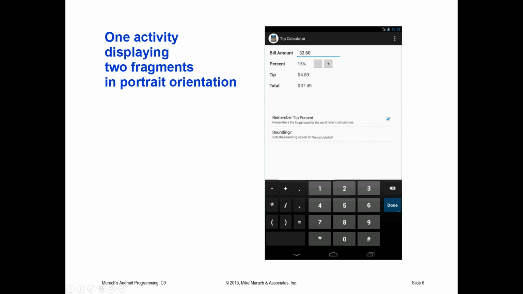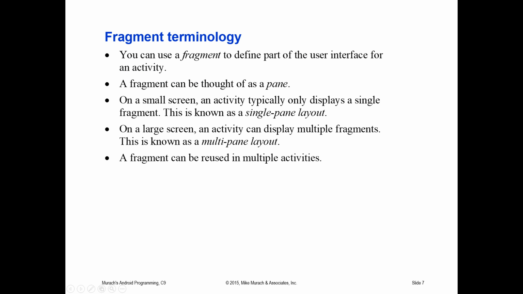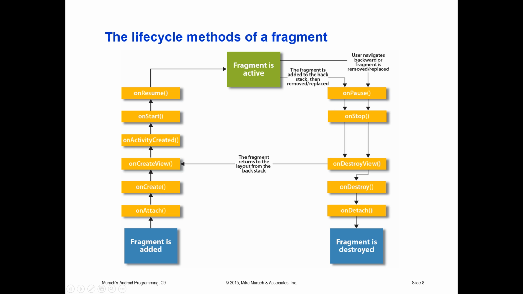So let's look at the life cycle of a fragment. First, you use a fragment to define part of a user interface. We already looked at that. So here is the life cycle of a fragment. The fragment class defines methods that are called by the Android operating system at different points in the life cycle of an activity.